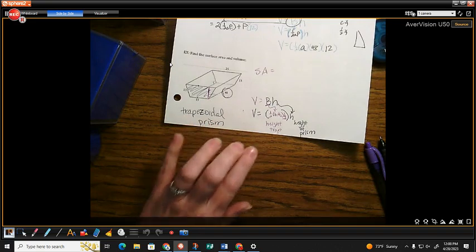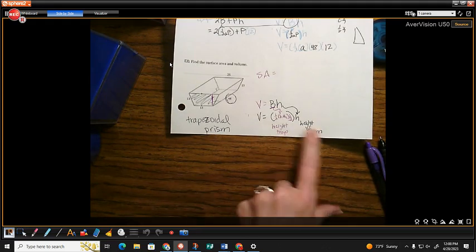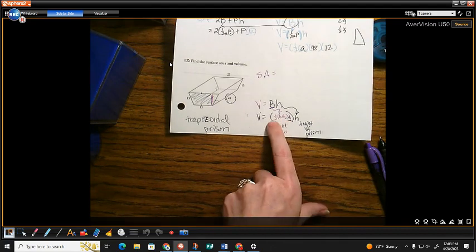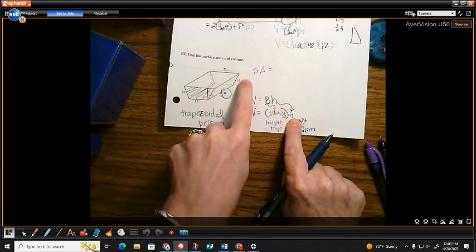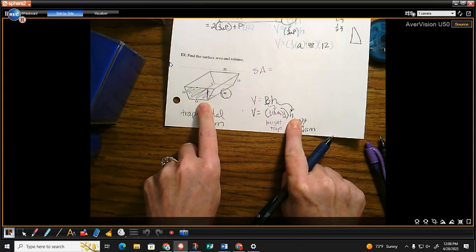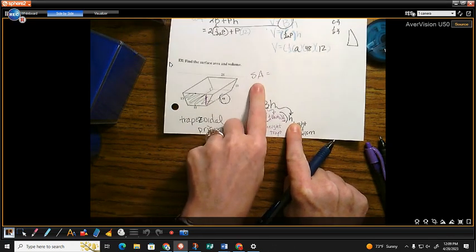So are you going to have to keep very careful track of what H you're using in which thing? Yes. Because we don't make a difference in the formulas, they're just H. And you have to know that when you're doing this formula, the H is the height of the trapezoid, and this H is the height of the prism. So you're going to have to be organized and careful. You can't just do it all in your head. Same with surface area. Okay?